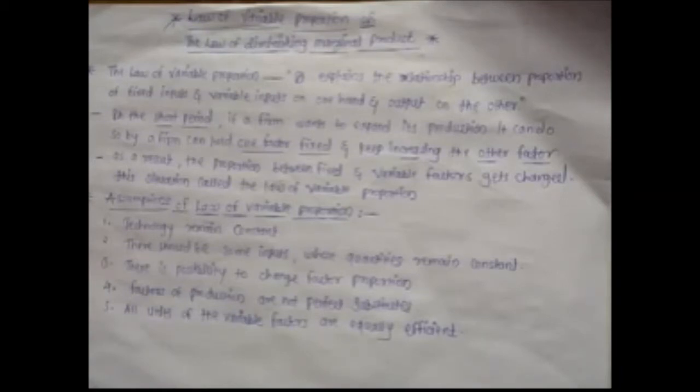Within these four factors, some inputs are fixed and some inputs are variable. This law explains the relationship between the proportion of these fixed inputs and variable inputs on one hand and output on the other hand.